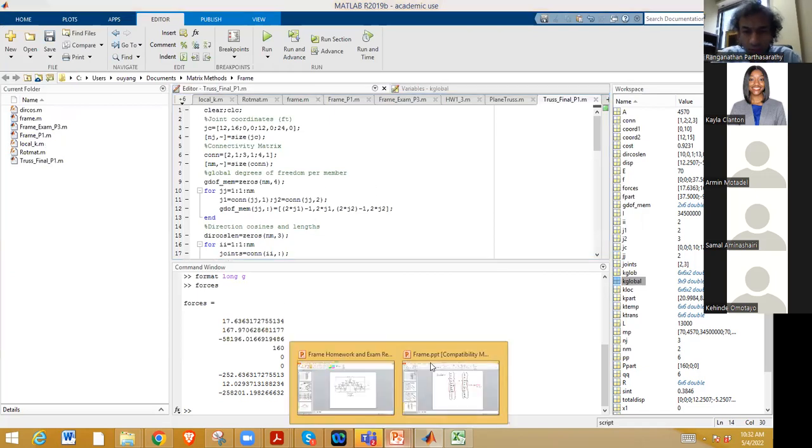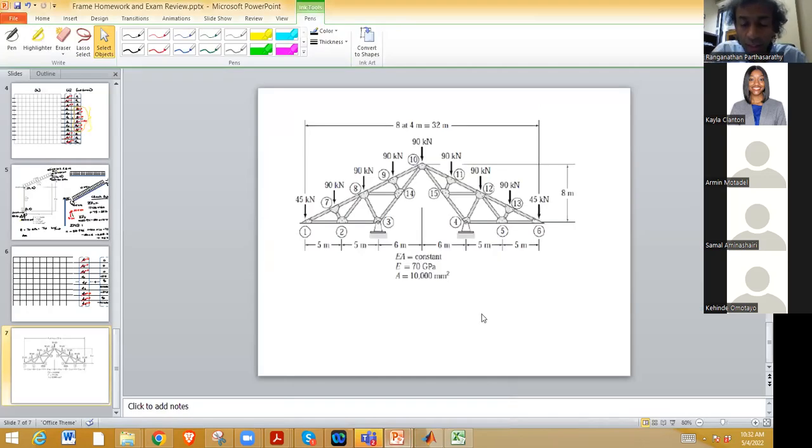So now let's mark out all the joint coordinates. So you have a lot of connections here. Okay. So let's start with 1 at origin, 0, 0. So 2 is going to be 5, 0. 3 is 10, 0.